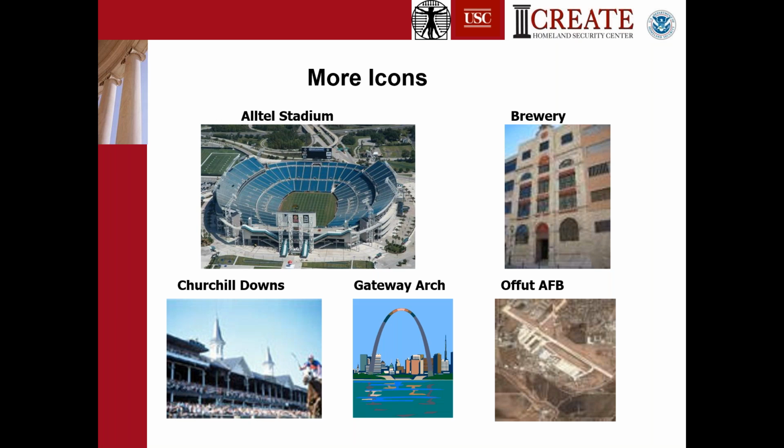Offutt Air Force Base in Oklahoma in the lower right, I assume that it has a lot of important military functions, but it's not exactly iconic. It looks like a flat patch of dirt, basically. So I can understand why it might need protection for its military value, but maybe not for its iconic value. I cheated a little bit on the photo on the upper right.